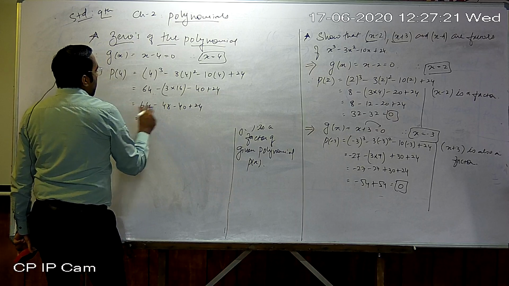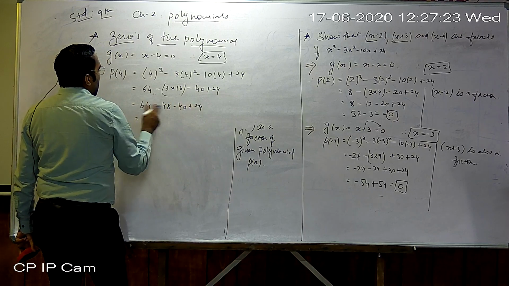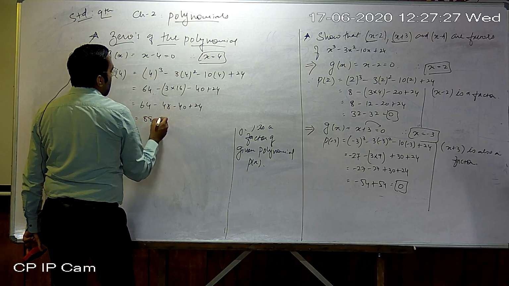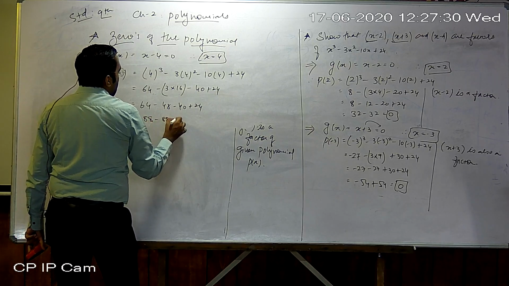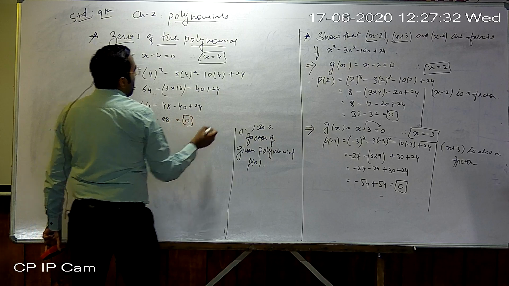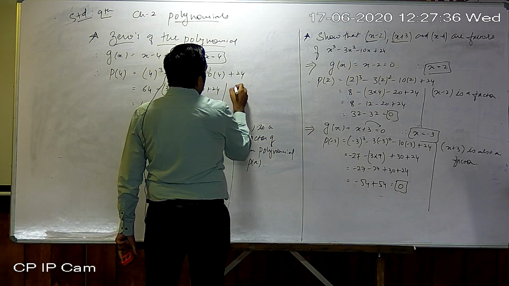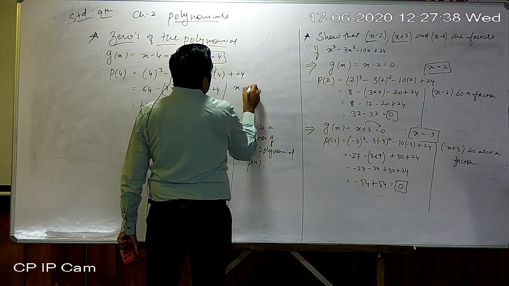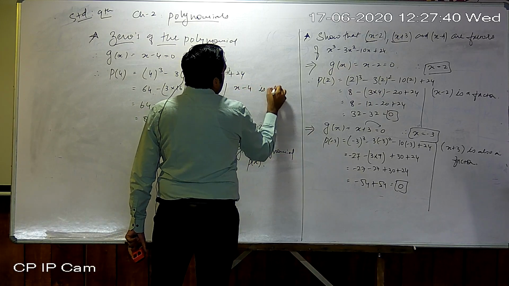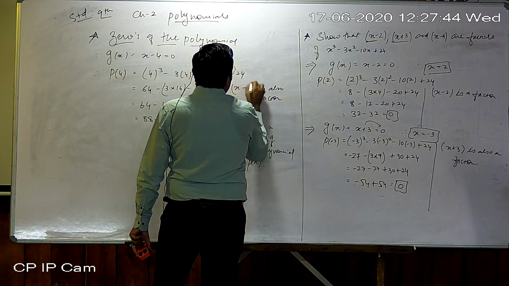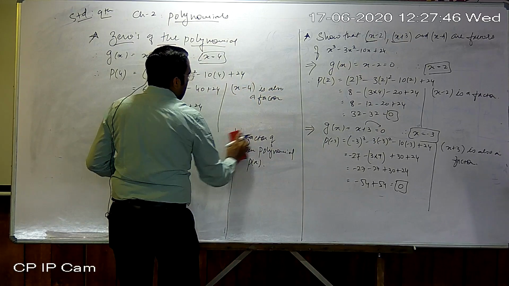Here 64 plus 24 is 88, and 48 plus 40 is also 88. So the answer is 0. For this condition I also write that x minus 4 is also a factor. Okay, clear students?